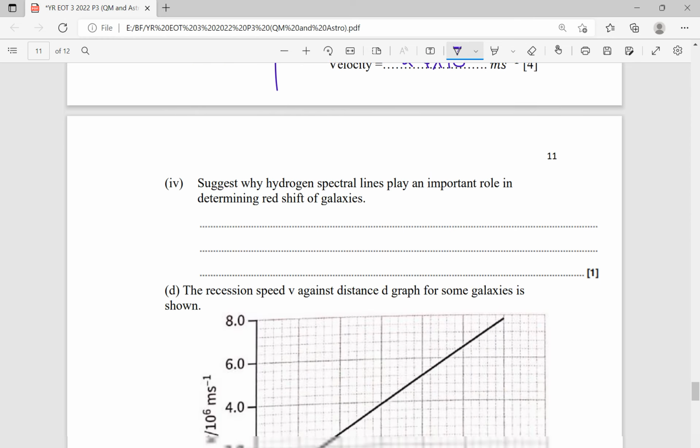Next, suggest why hydrogen spectral lines play an important role in determining redshift. We know that most stars have hydrogen in abundance. So because of the relatively high abundance of hydrogen in stars, we can rely on the hydrogen spectral lines to determine the redshift of galaxies.